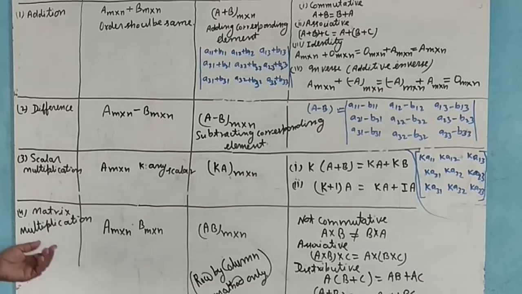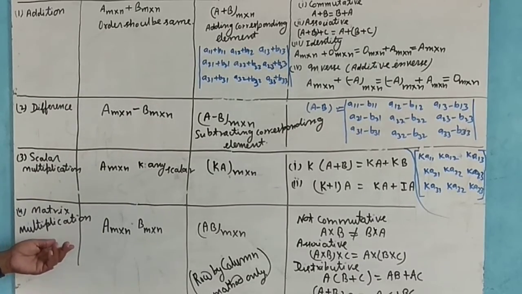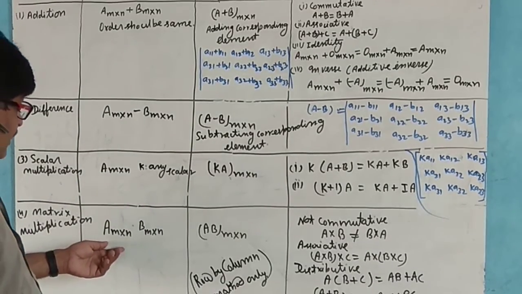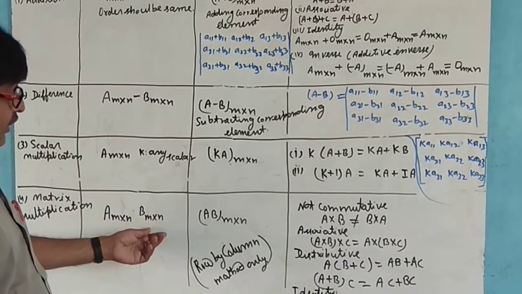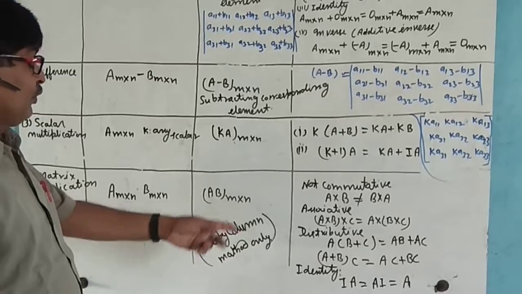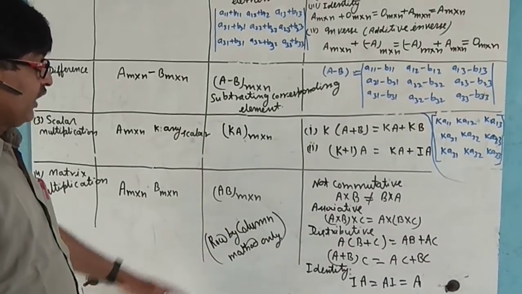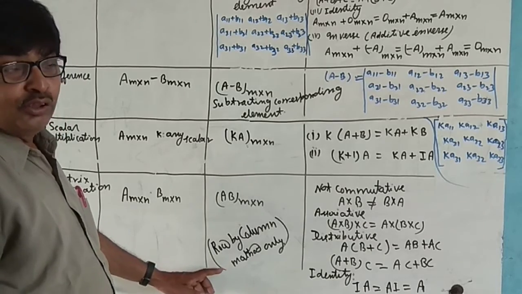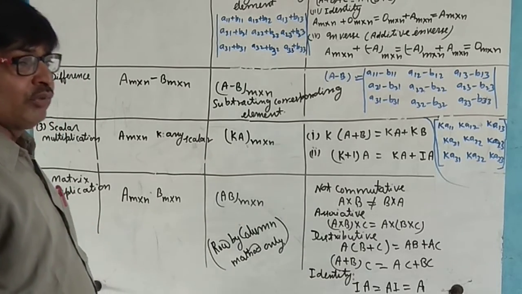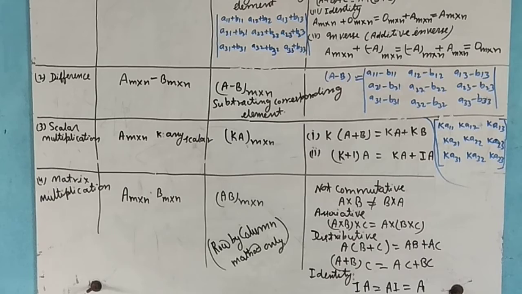Now multiplication. In this case, A is a matrix M cross N, B is a matrix M cross N, so that AB is also M cross N, and in this case only the row by column method is valid, whereas in the determinant we use the row by row method, row by column method, column by column method, and column by row method.